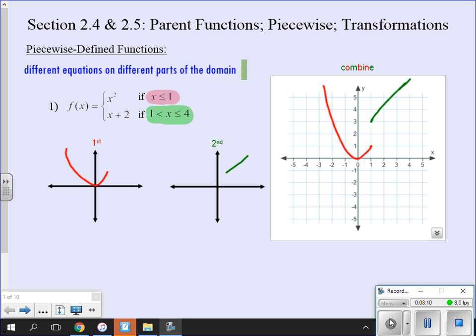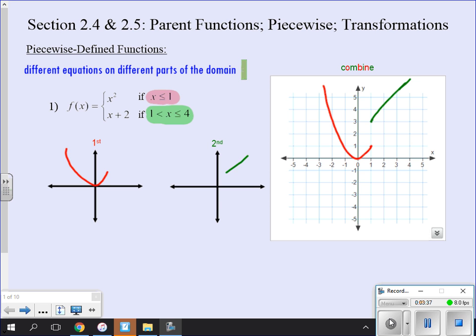Sometimes piecewise functions are connected. Sometimes they're not. You might have a function that when you look at the graph, it's a half circle here and a straight line there and a straight line here, and here's a curve. Doesn't matter. Piecewise function is for different places. We use a different equation to describe, but it is still considered one function.